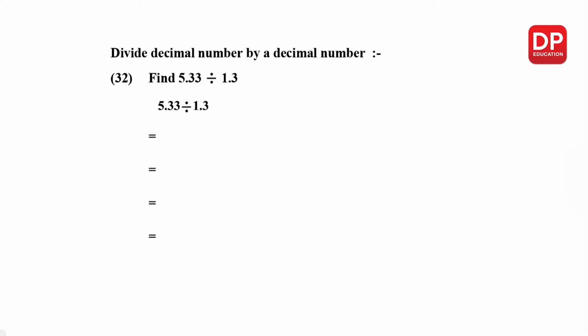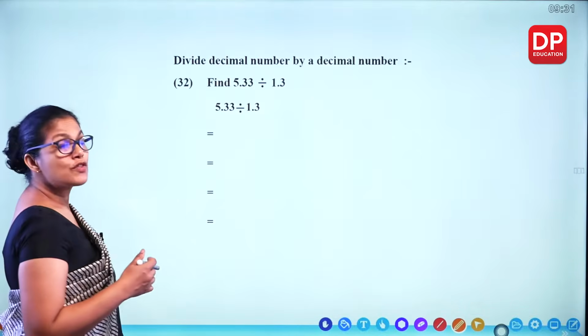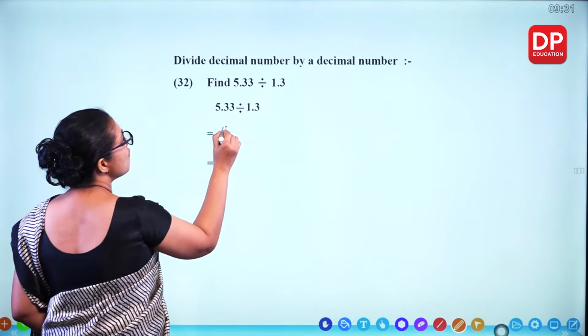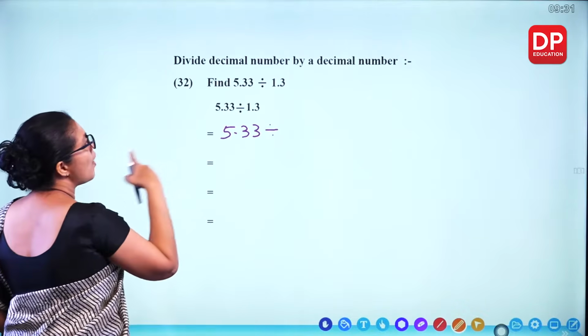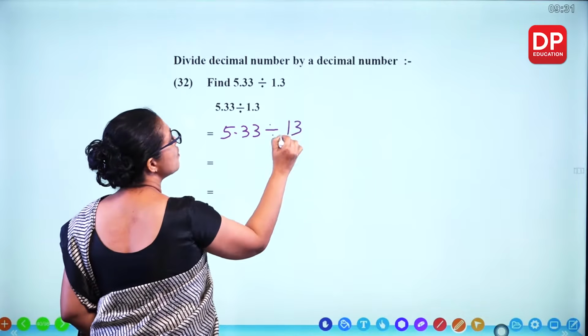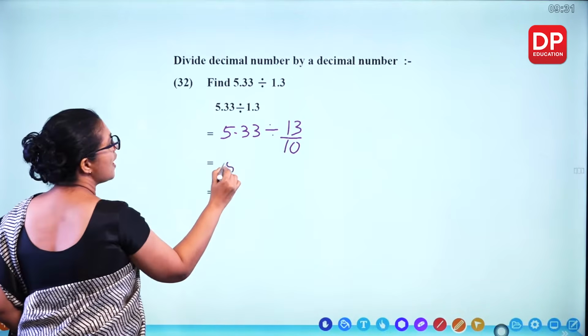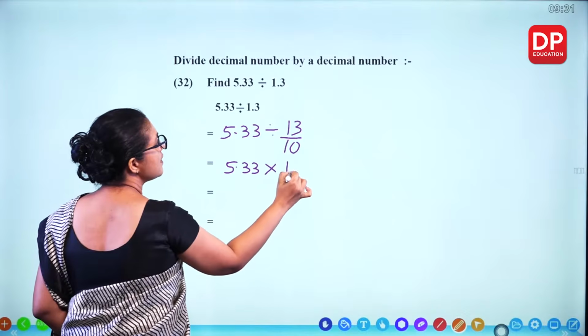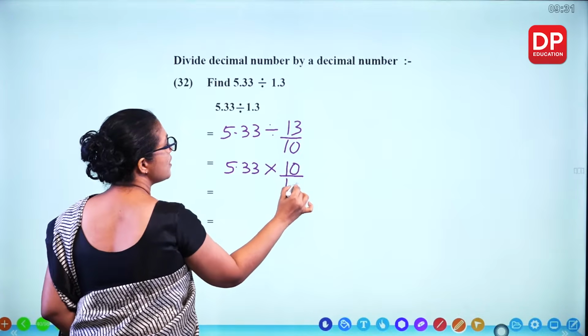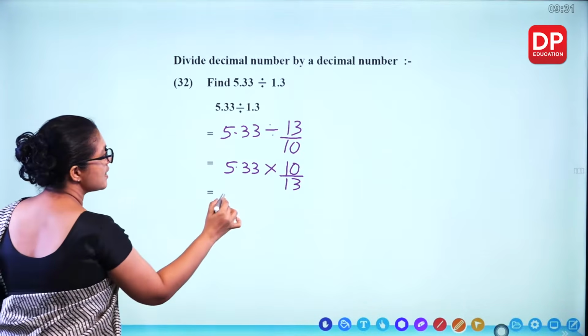Divide decimal number by a decimal number. First we'll use the fraction method. 5.33 divided by 1.3, I can write 13 over 10. Convert to multiplication by taking the reciprocal. 10 goes to the numerator, 13 goes to the denominator.